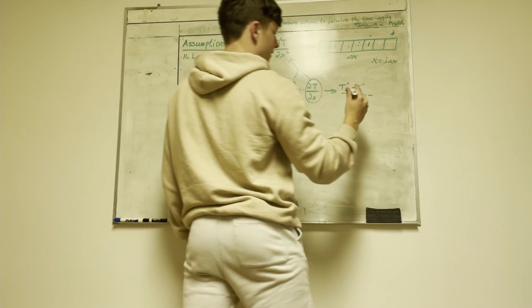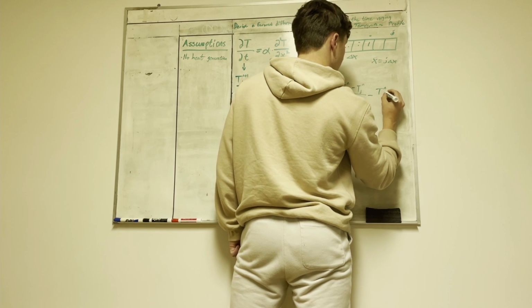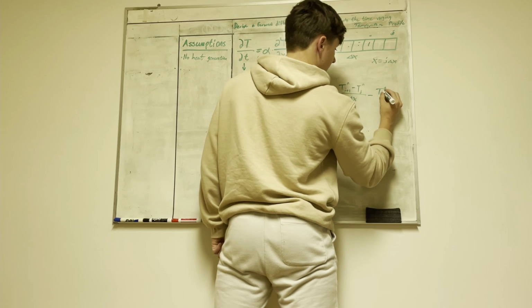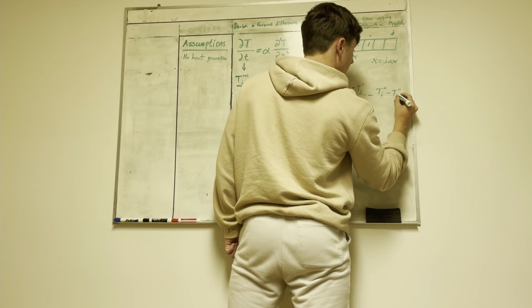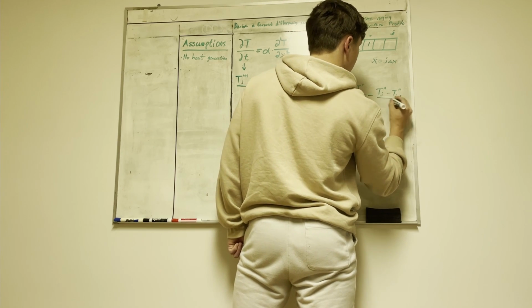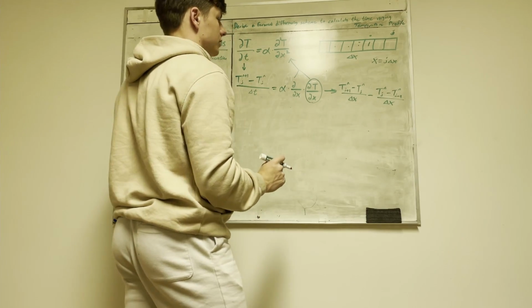And then all of that is divided by your change in x. Then you subtract that from your temperature at some time n at some position j, minus the temperature at time n at some position to the left, j minus 1, and all of that is divided by your change in position.